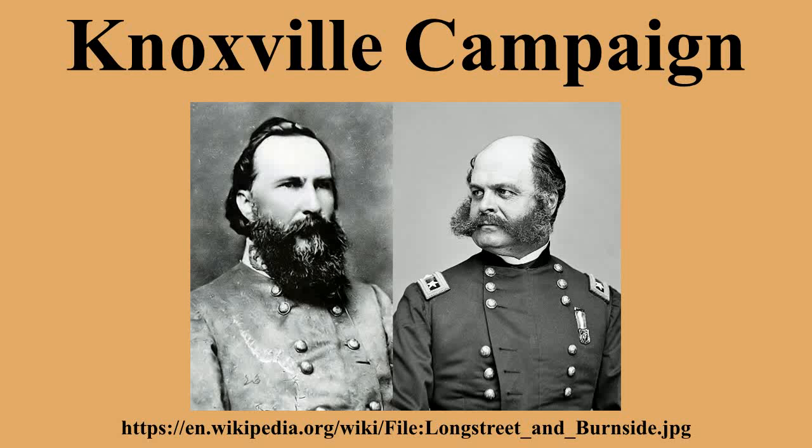The main column arrived at noon with the baggage train just behind. Scarcely 15 minutes later, Longstreet's Confederates approached. Longstreet attempted a double envelopment attack timed to strike both Union flanks simultaneously.